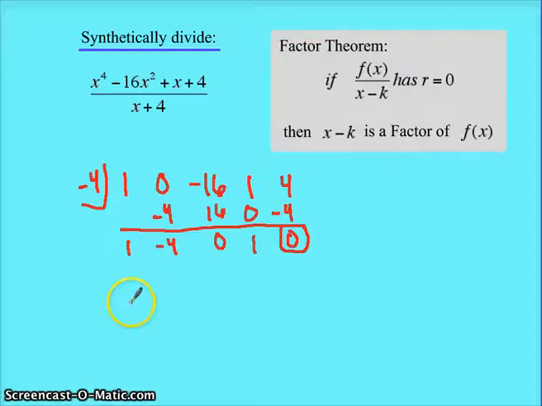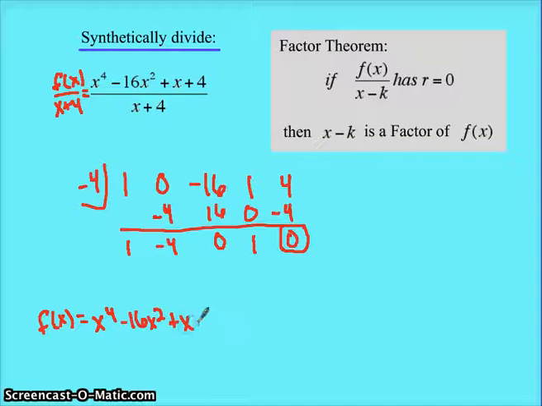So when we write out our answer, we could even go as far as to say if this was f of x divided by x plus 4, right here, then f of x equal to x to the 4th minus 16x squared plus x plus 4 could have been written as the factor x plus 4 times, again, if this was x to the 4th, this becomes x cubed.